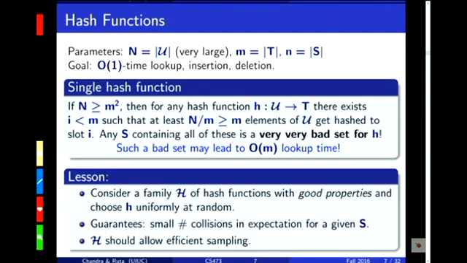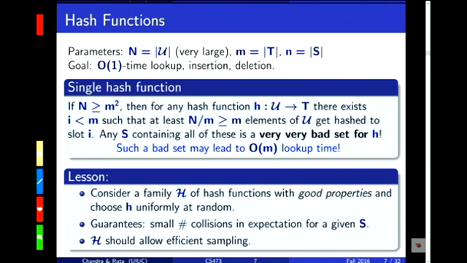So the first lesson is we have to consider a set of hash functions with some good properties. The other thing is we should not be picking h deterministically, right? Because for any particular h, there will be a bad set. And if your adversary gets to know your h, then it will try to hack your system and choke up your hash table.